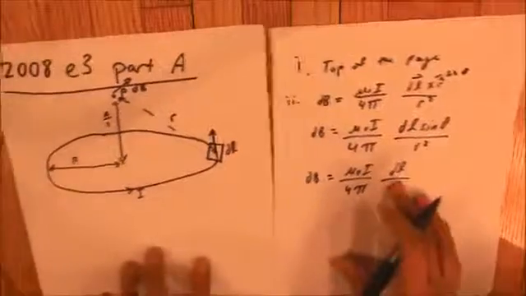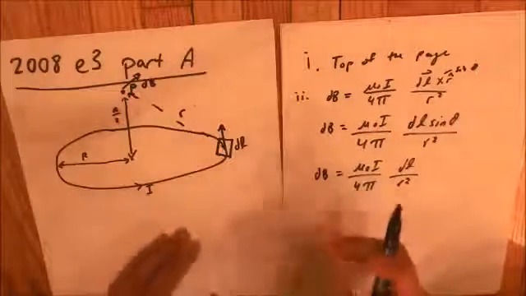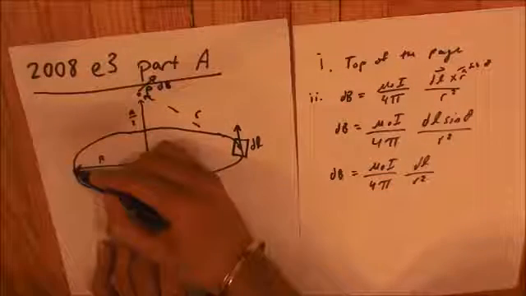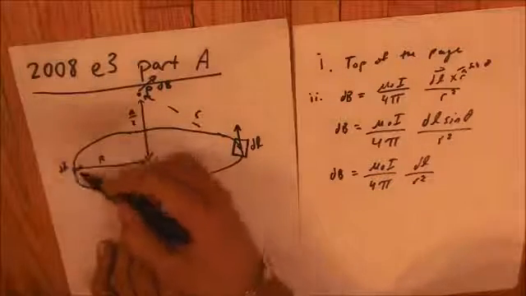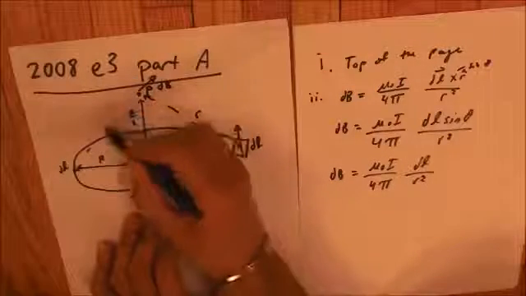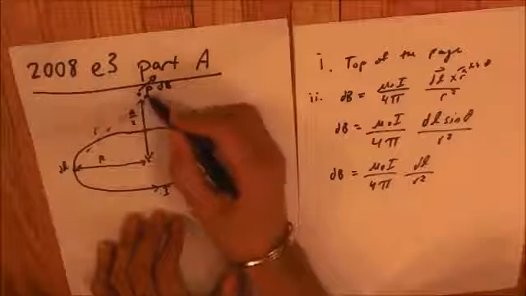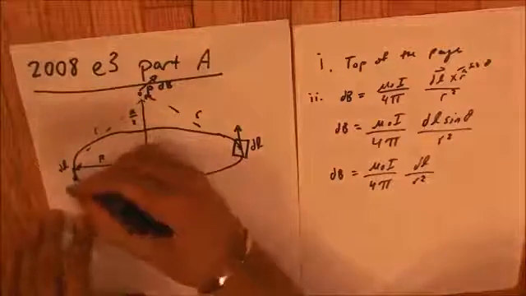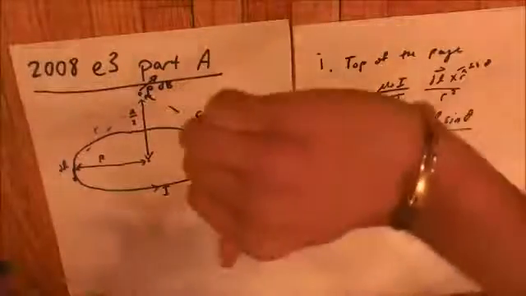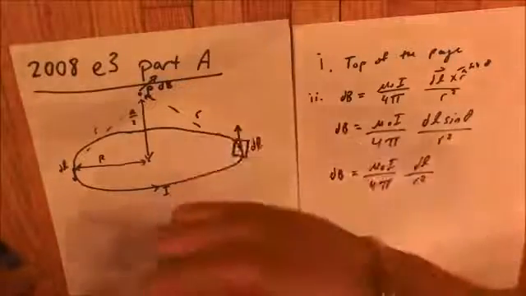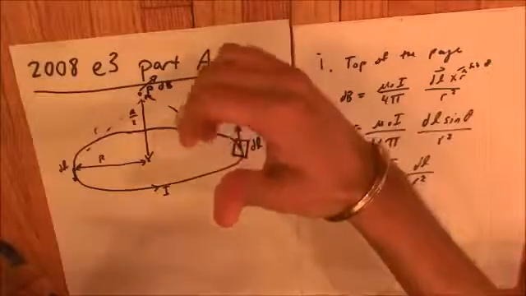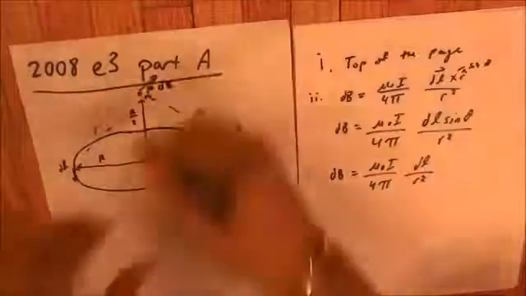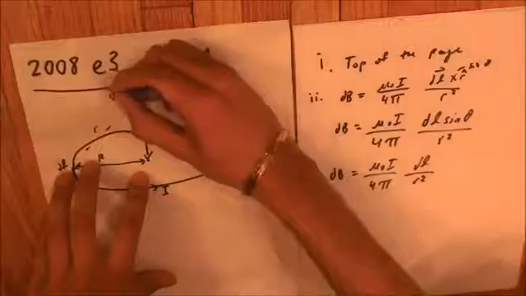So now we're going to take a look back at the diagram. So we can see that if we take the dl on this side, and we take the r value, then dl is in this direction, coming out of the page, and r is in this direction, which means that dB is going to be going towards the top of the page in this direction.